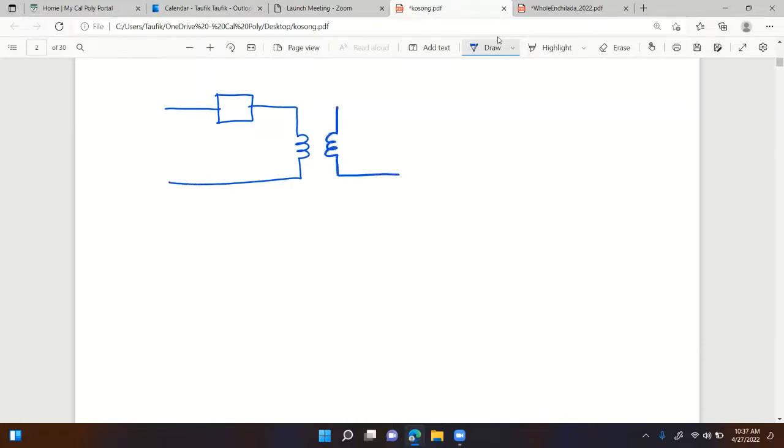If you have a circuit such as this circuit right here, right? Let's call it Z1, Z2, and here's V1.